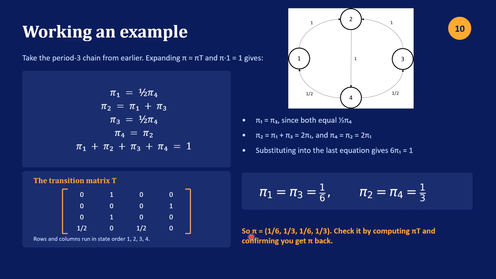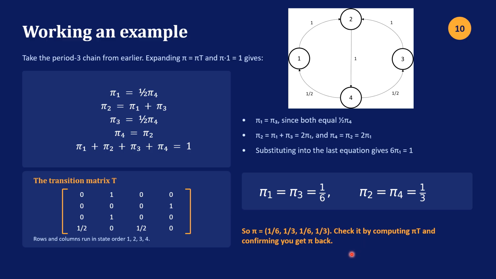And so the stationary or long run proportions are 1/6, 1/3, 1/6, and 1/3. That means in the long run, if you let this Markov chain run, you're going to be in state 1 a sixth of the time, state 2 1/3 of the time, state 3 1/6 of the time, and state 4 1/3 of the time.